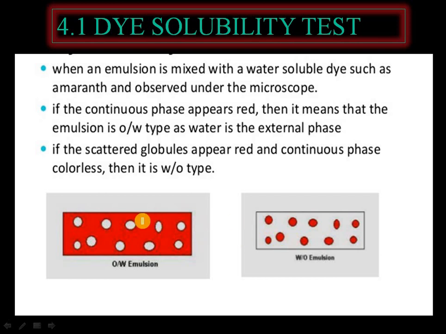This is a good way to check which type of emulsion it is, by putting in a dye which is oil soluble. For example, here we have a red color dye which is soluble in oil. When we put it in a beaker and get a majority portion in red color, it means the emulsion is water in oil type. And here the droplets of the emulsion get color, that means it is an oil in water type emulsion where water is present in a large quantity.